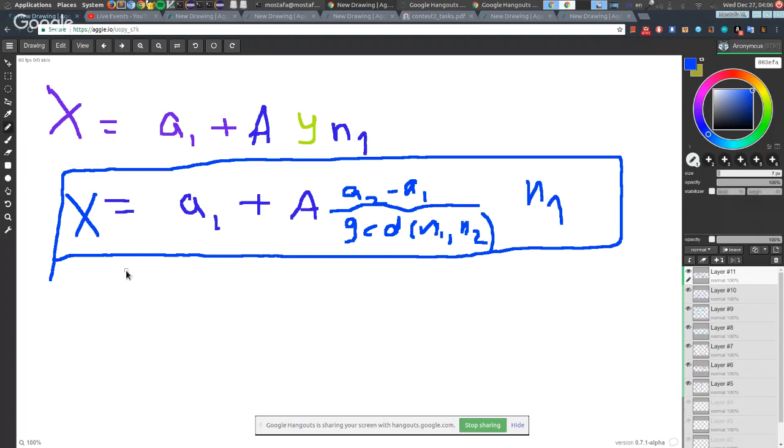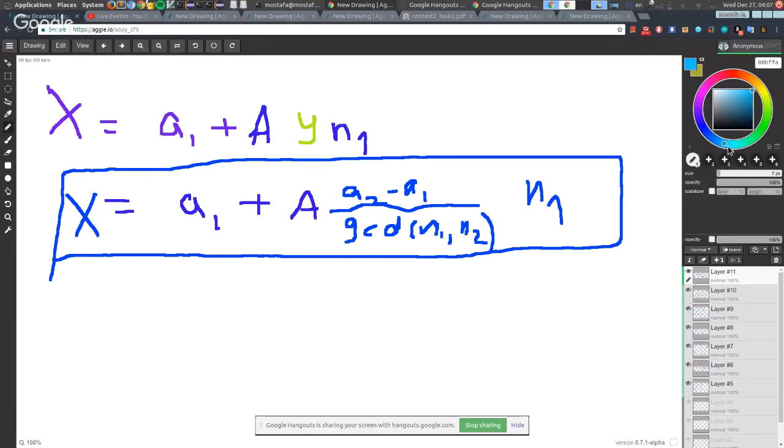But as we can notice, there are two important observations here. Here we assume that this number, a2 minus a1, is actually divisible by this GCD.